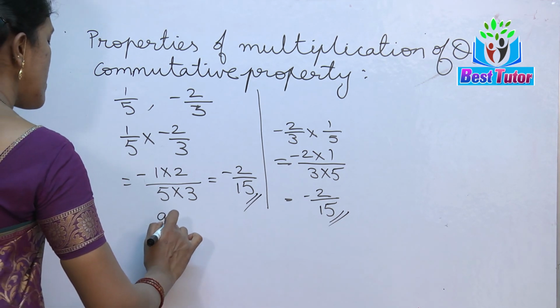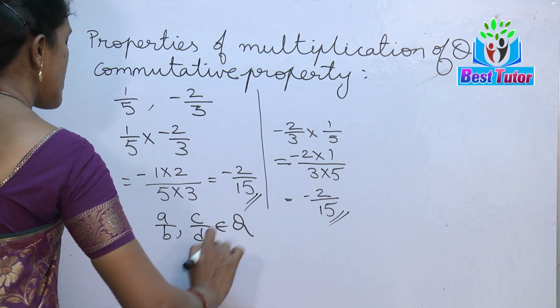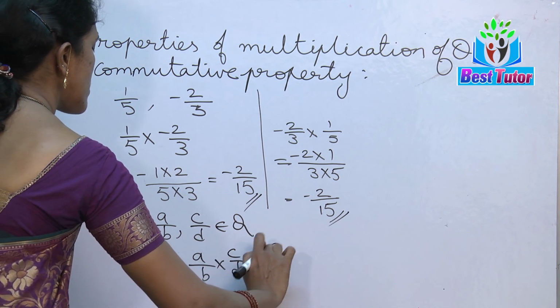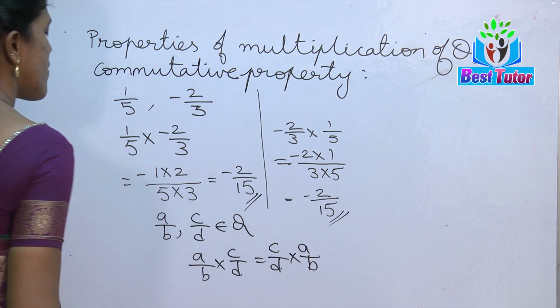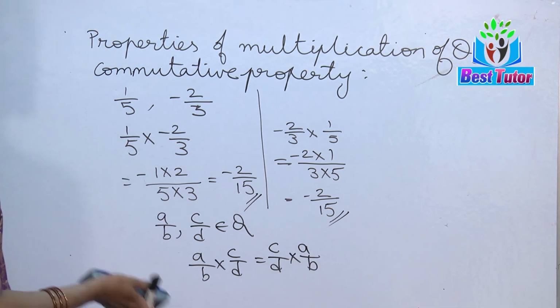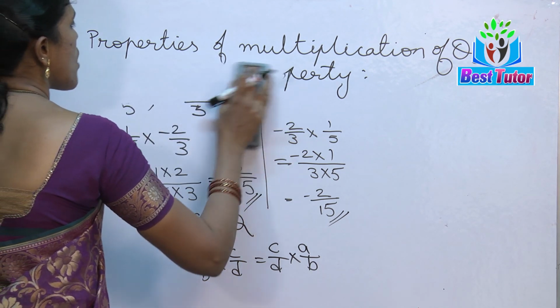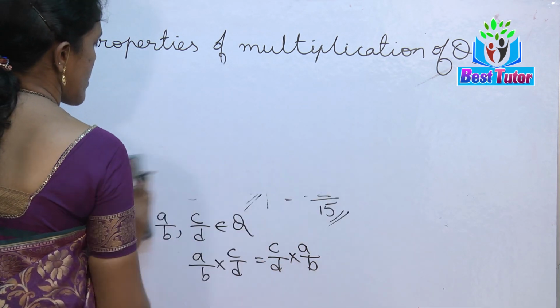Therefore, for any two rational numbers a by b and c by d, a by b into c by d is equal to c by d into a by b. This is commutative property.